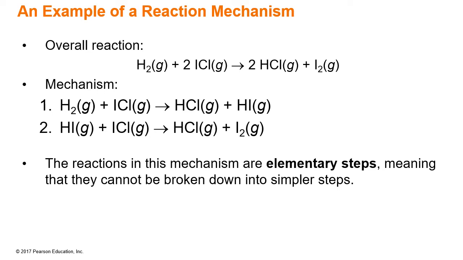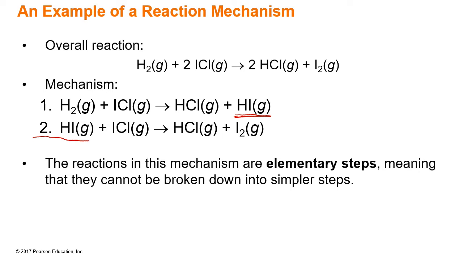Let's look at an example of a reaction mechanism. Our overall reaction, our reactants are H2 and iodine chloride. The products are hydrogen chloride and iodine. The mechanism in order to achieve this overall reaction actually forms an intermediate, HI, that is produced and then used up.